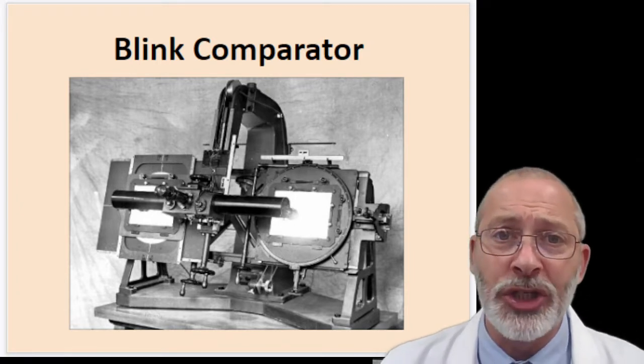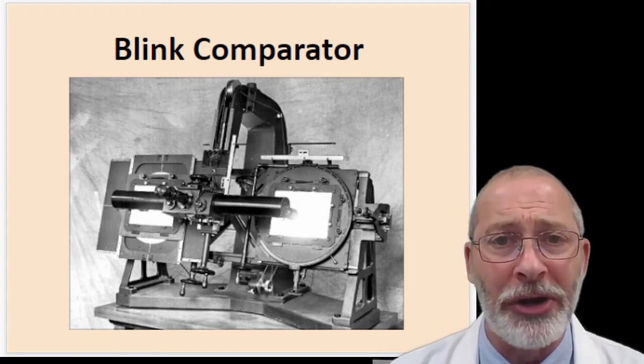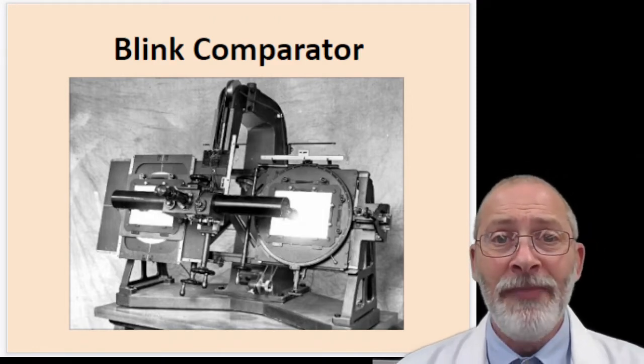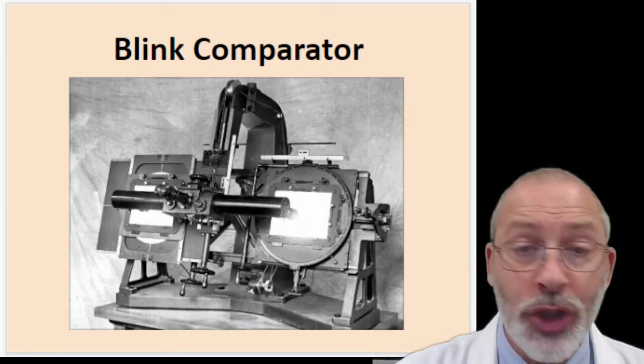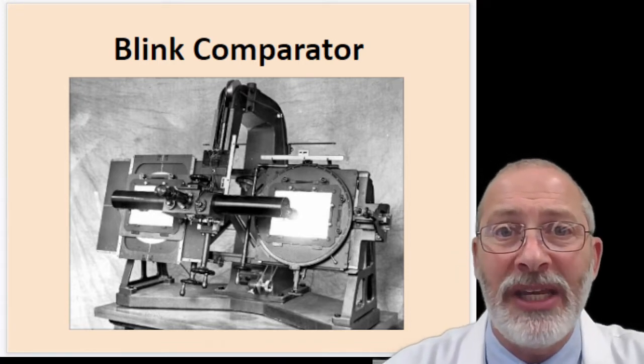Well, if you were paying attention to yesterday's lesson, you know exactly what a blink comparator is and what it is used for. Today, in your books, on page 202, you're going to complete the classroom activity first.